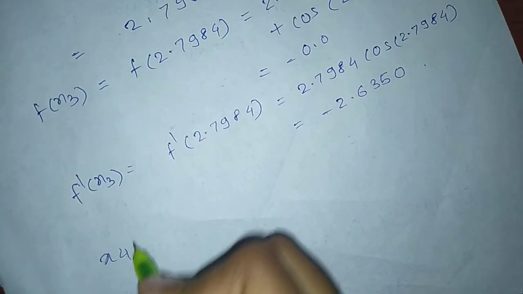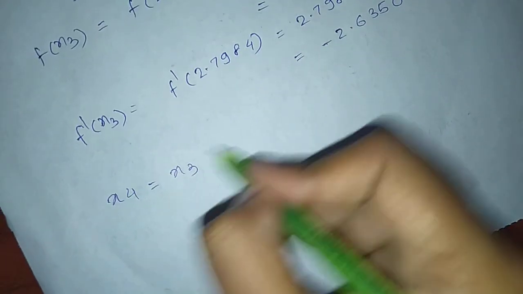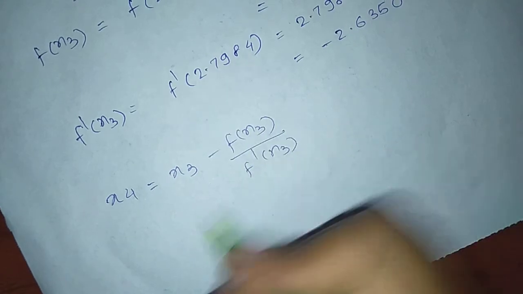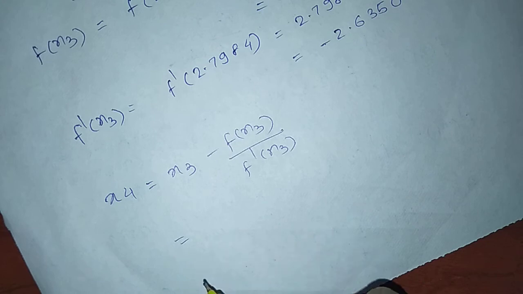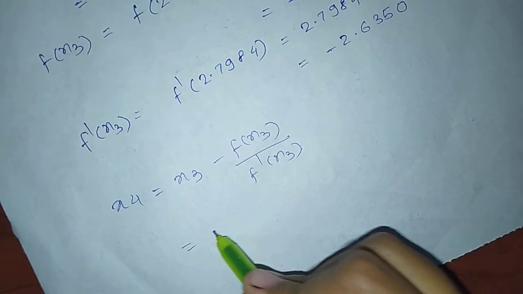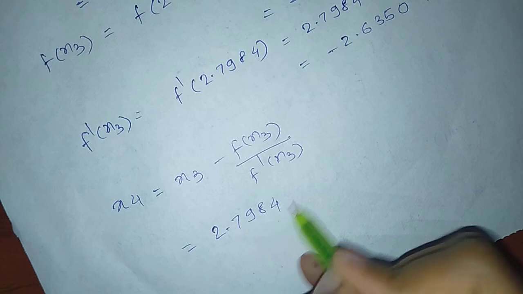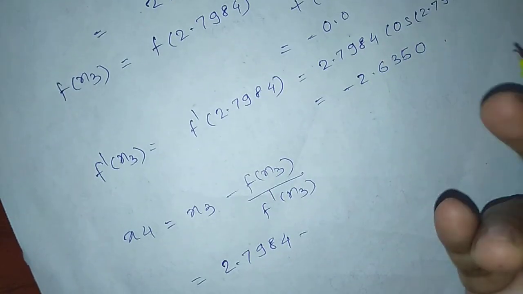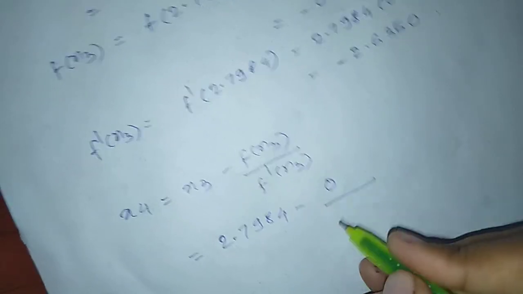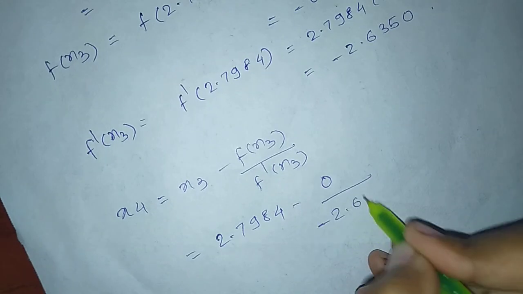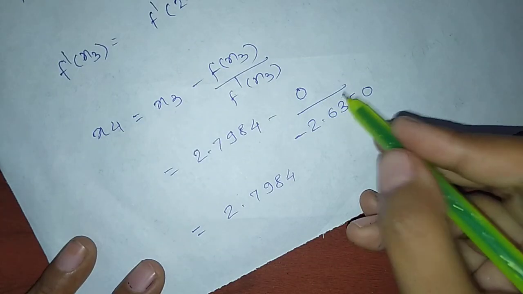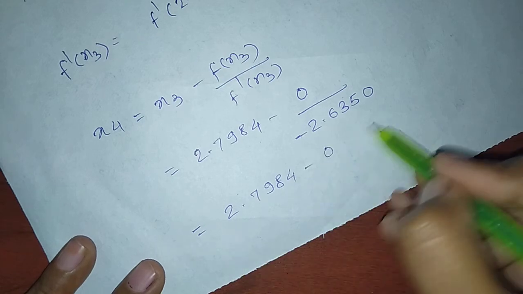Now calculate x4 equal to x3 minus f of x3 upon f dash of x3. x3 is 2.7984 minus f of x3, which is approximately 0, upon f dash of x3, which is minus 2.6350, which is equal to 2.7984.